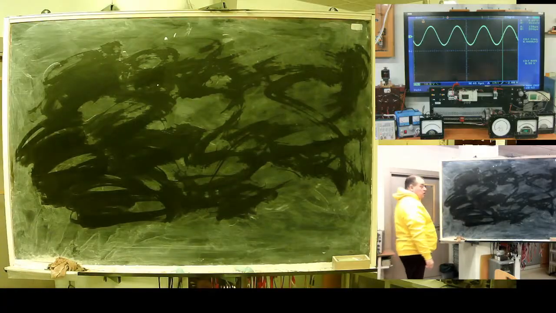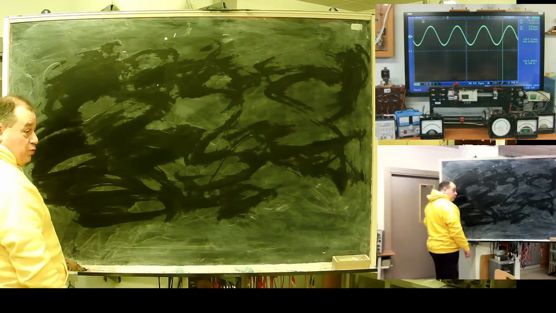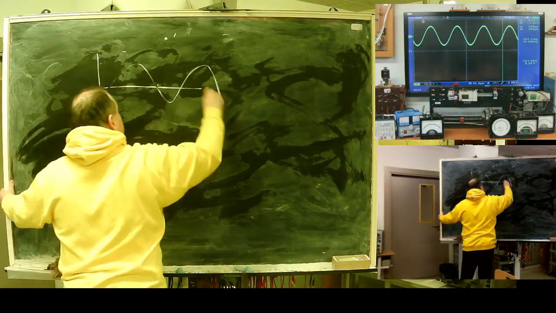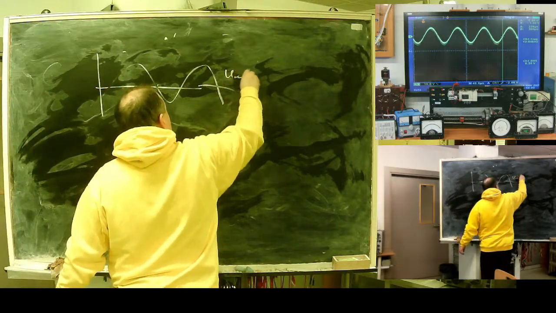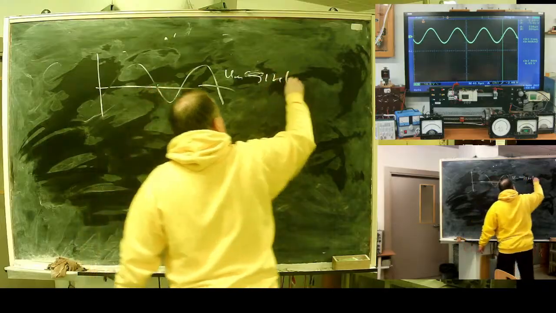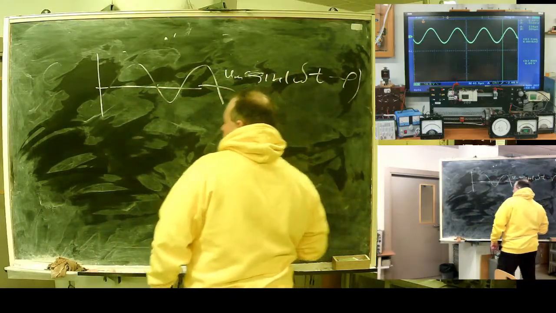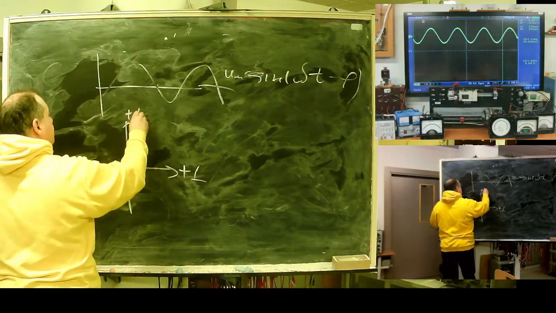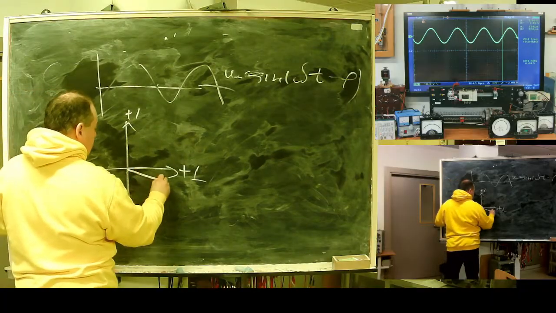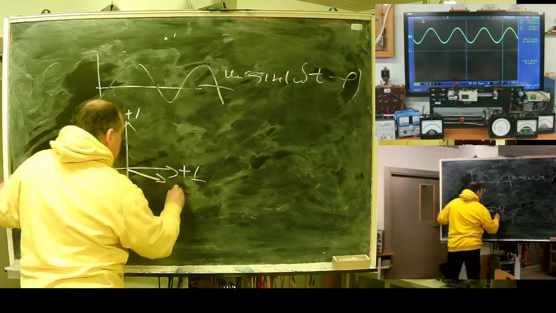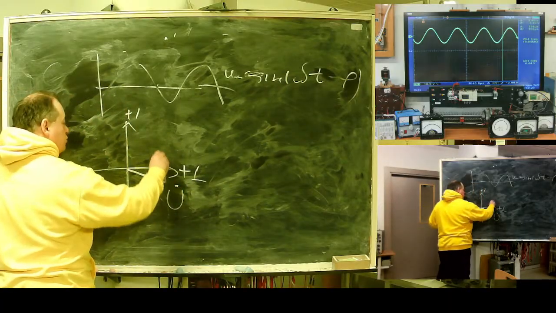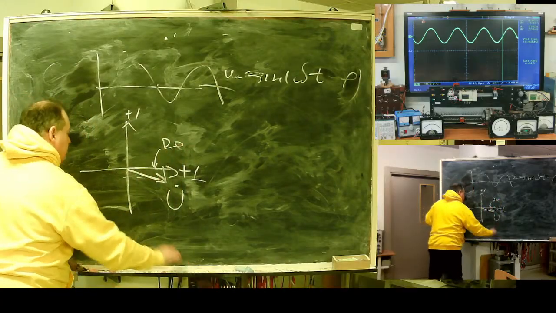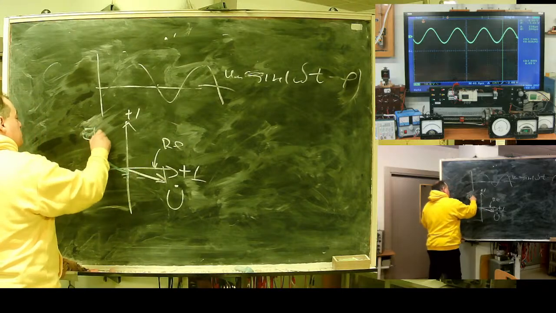So what do orthogonal components mean? Let's say a signal Y max cosine of omega t plus phi. Its phasor representation should contain a real part and an imaginary part.